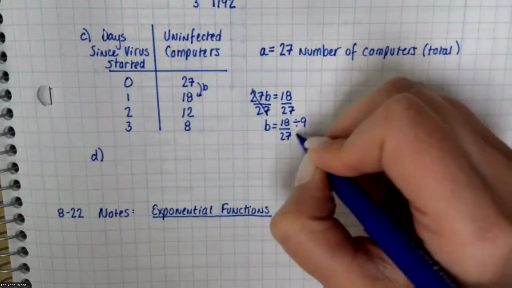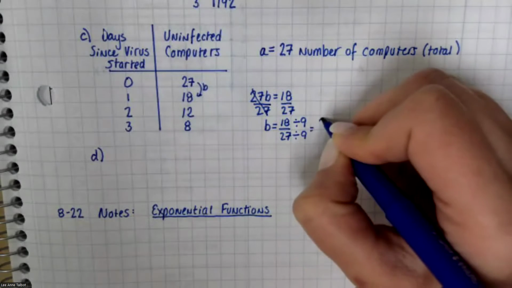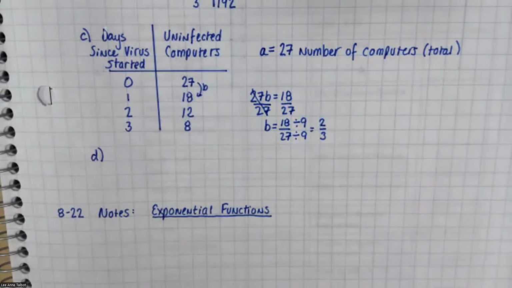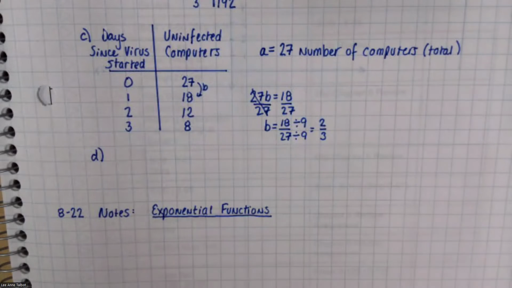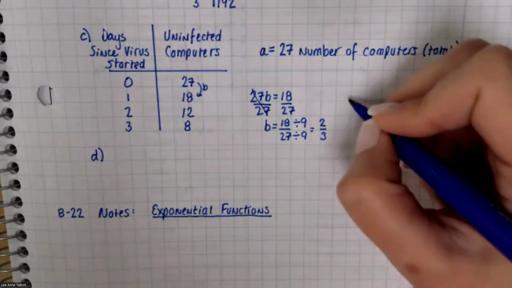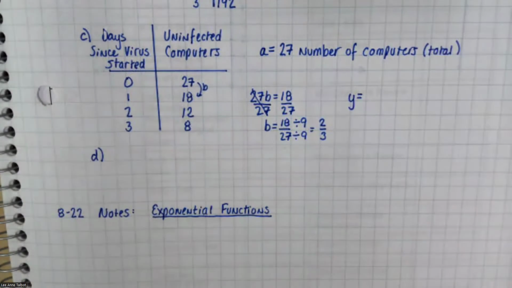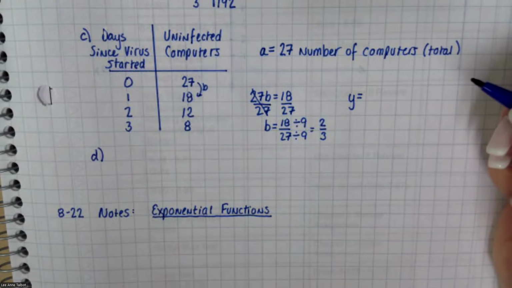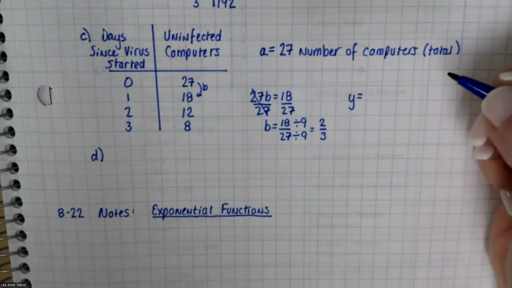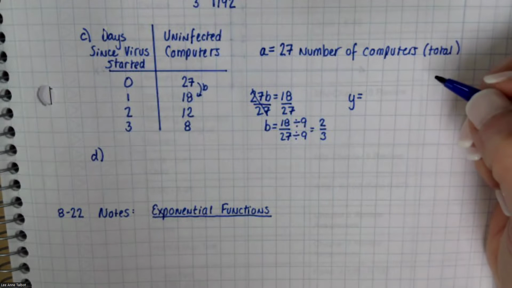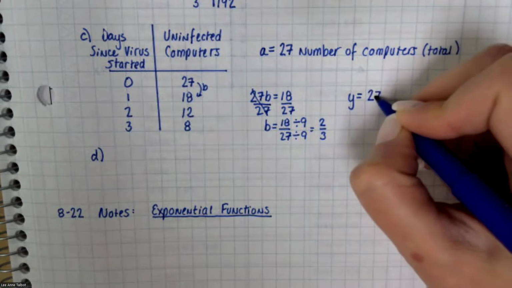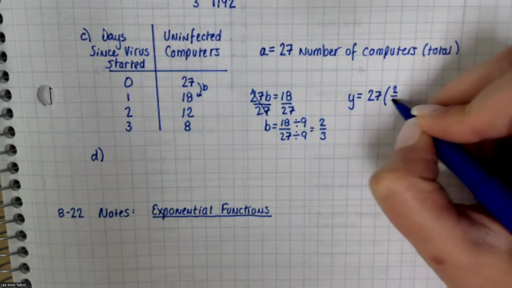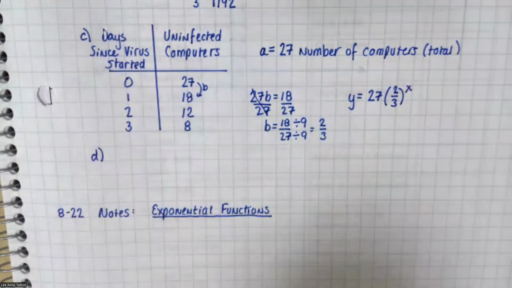Divide by 9, 2/3, which is gross. Okay, so what would my equation be? Y equals 27 times 2/3 to the X.